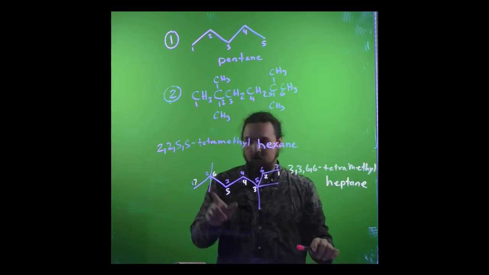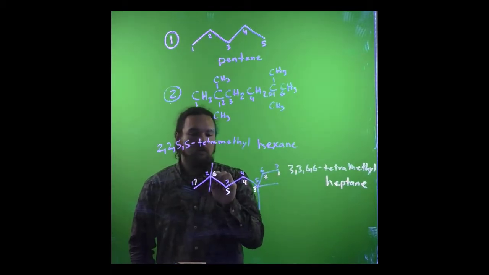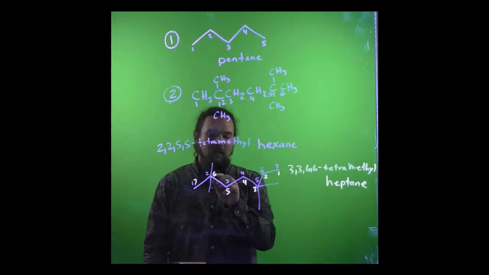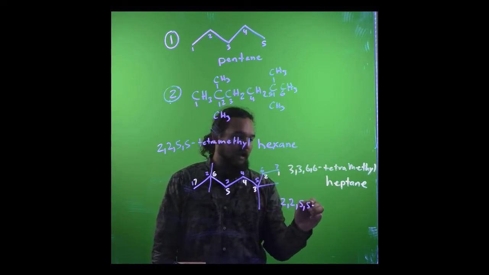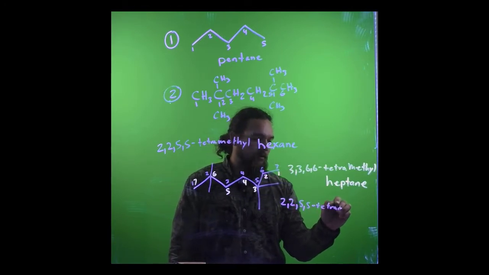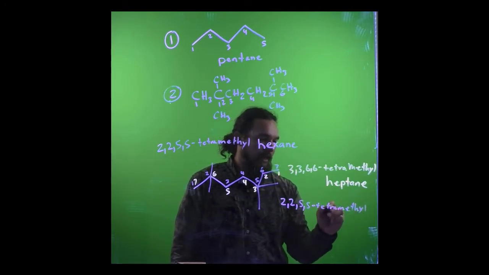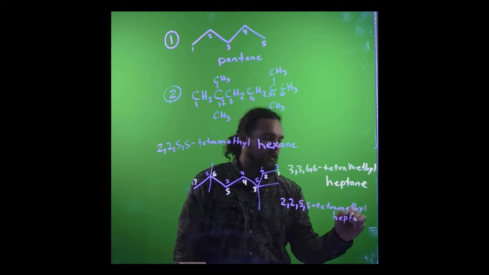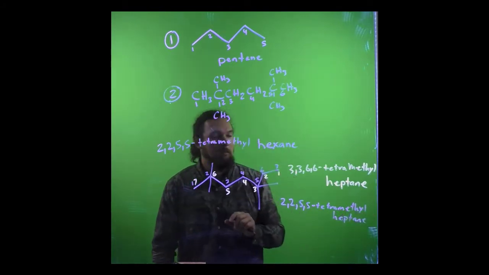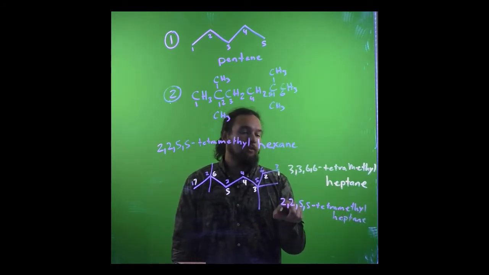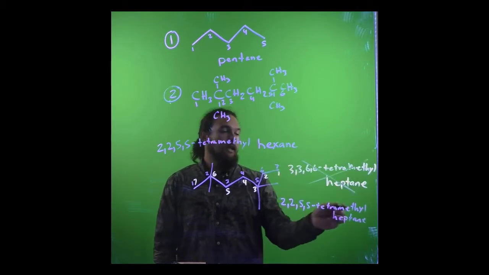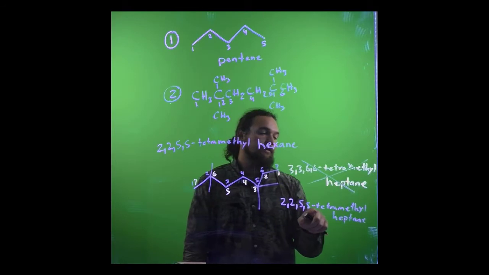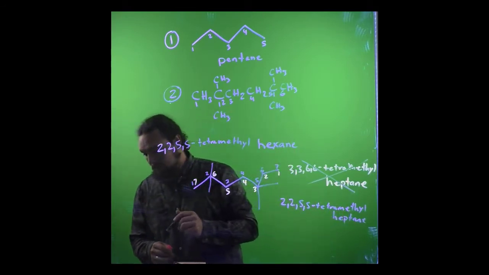Or if we use the pink, we have 1, 2, 3, 4, 5, 6, 7. We have a 2,2,5,5-tetramethylheptane. So the numbering system that we do, we're always trying to minimize our numbers. And 2255 is better than 3366, so this would be the incorrect one. And the proper naming of this would be 2,2,5,5-tetramethylheptane.